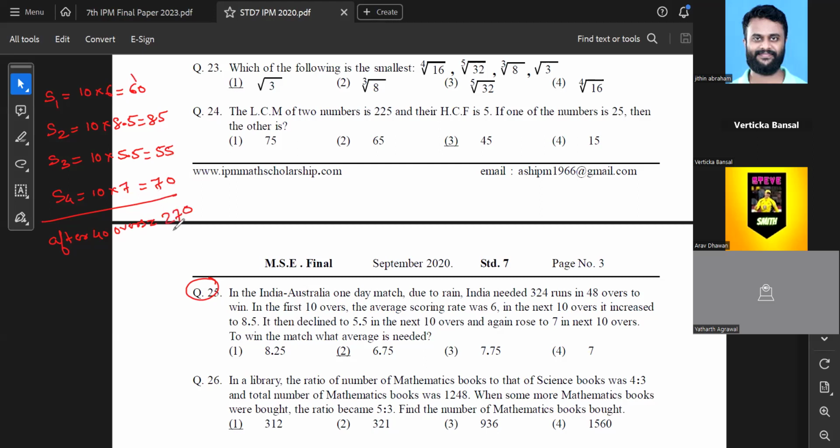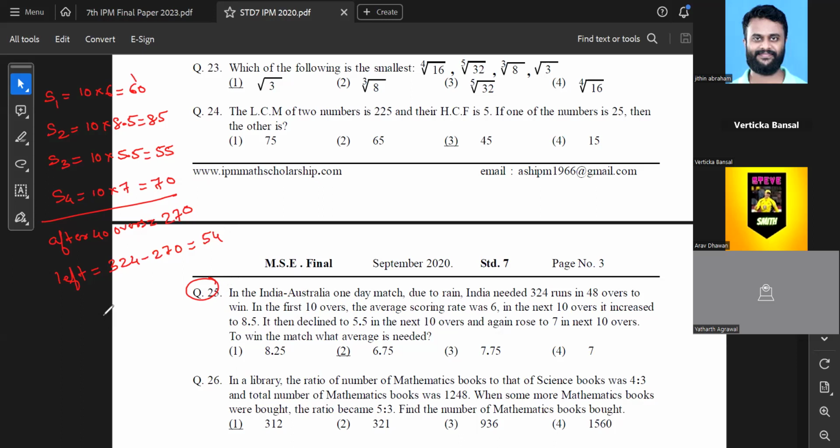So 270 India has scored so far. Now, to win, India will require to score the remaining runs. So the leftover score is 324 minus 270. That gives you 30 plus 24 is 54. So 54 runs India will need.